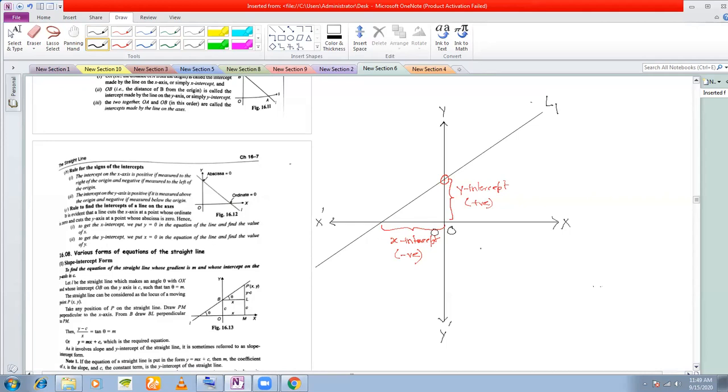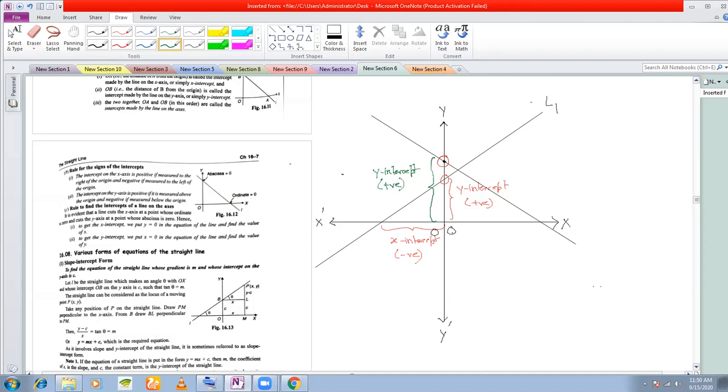Okay, similarly, if you have a line like this, then what are the x and y intercepts? In this case, this is the point where the straight line cuts the y-axis. So for this straight line, this will be your y-intercept, and this distance will be positive.